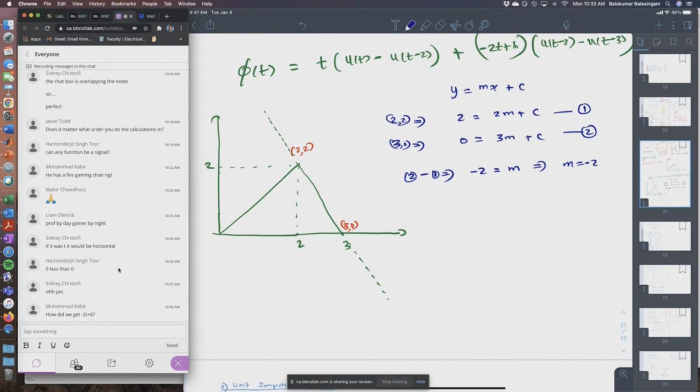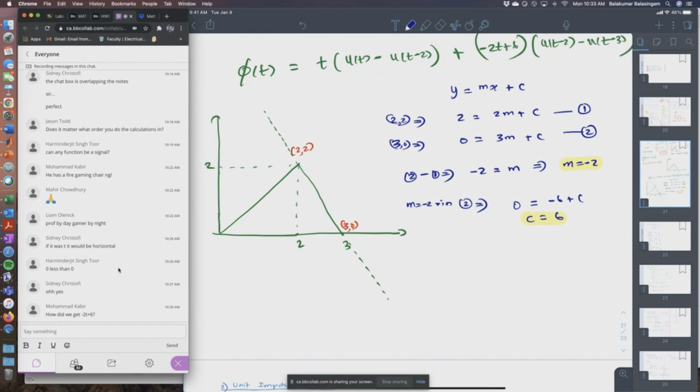And then substitute m is equal to minus 2 in equation 2. There we go, that's easy. So 0 is equal to minus 6 plus c, so c is equal to 6. So I have m is equal to negative 2 and c is equal to 6.